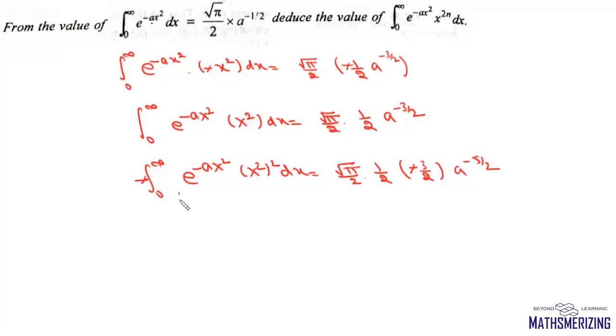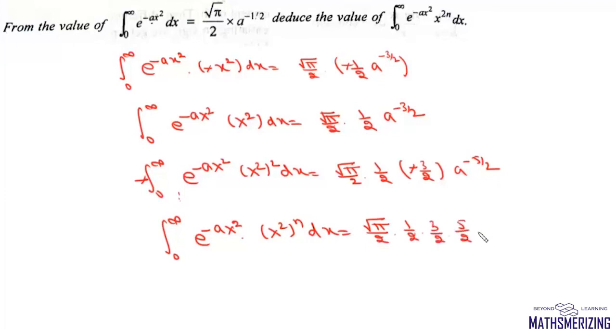So if we keep doing it n times, we'll get this as 0 to infinite e to the power minus ax square into x square to the power n dx. This integral will be equal to under root pi by 2 into 1 by 2 into 3 by 2 into 5 by 2 up to 2n minus 1 by 2.